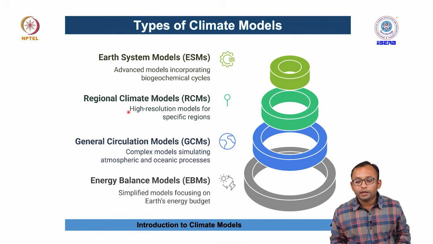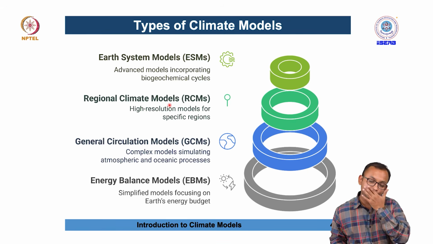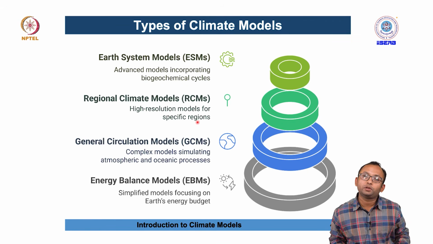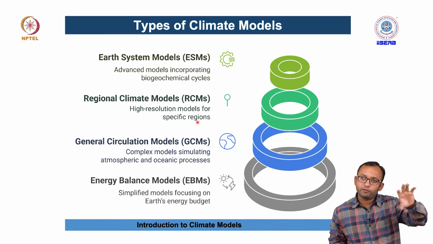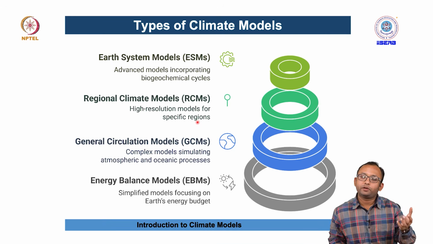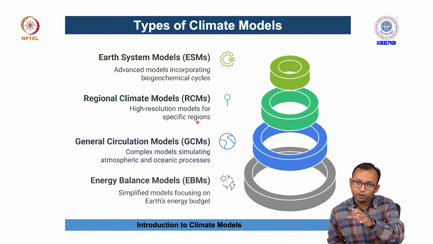There is a model called regional climate models, which are high resolution climate models used for region specific study. Let's say if we are talking about only the Indian subcontinent, or the North American region, or the Western European part, or Japan or something like that.